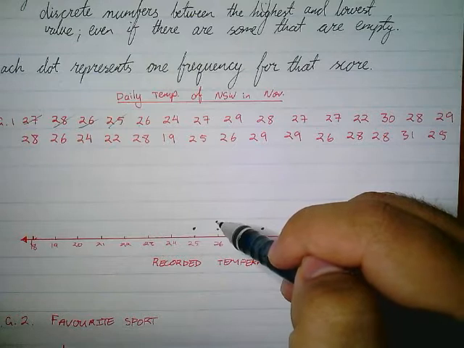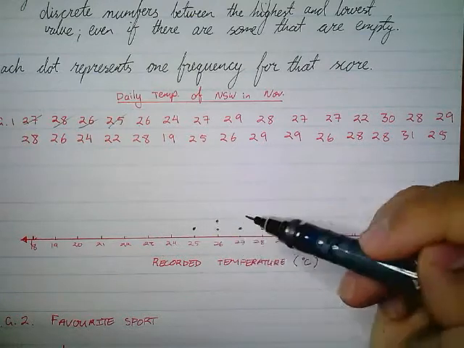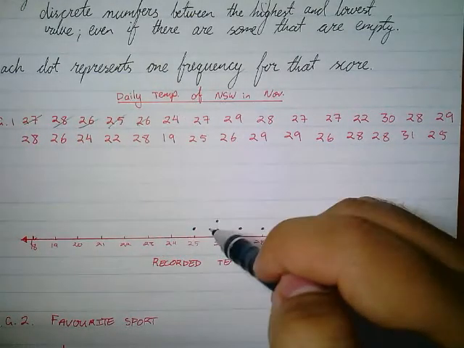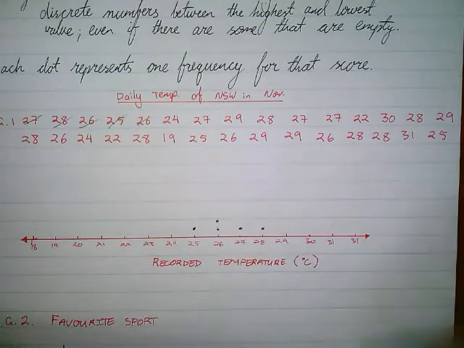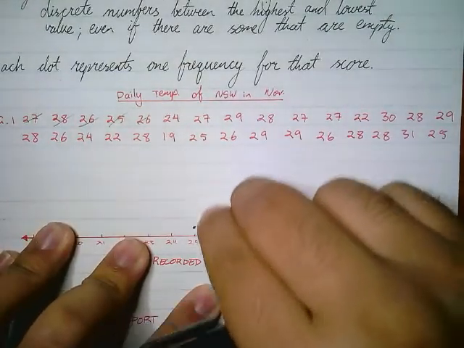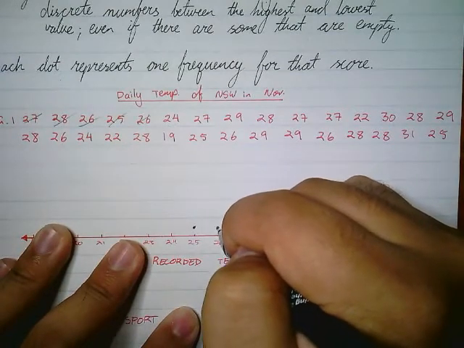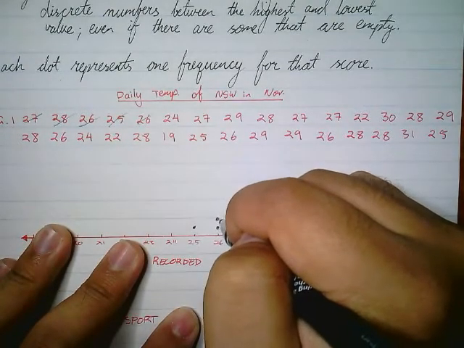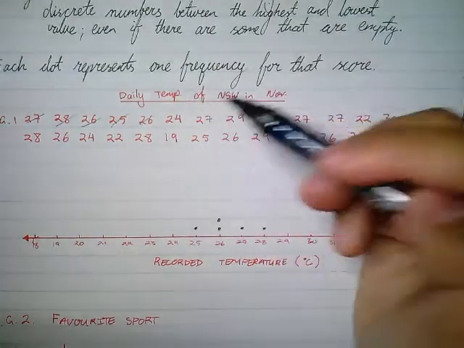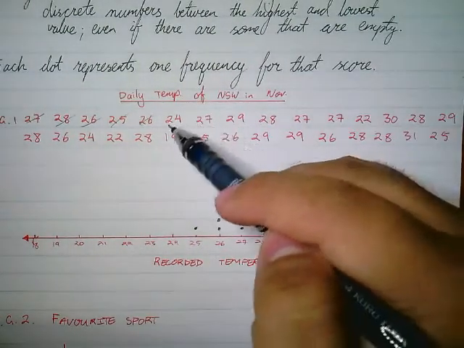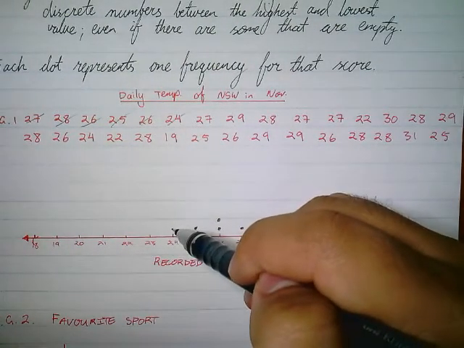Make sure it's far enough so we can see. I've seen students do it so close that we can't tell apart where's one and where's the other. So you have to make it far enough that you can see that it is indeed two different data points. 24. I'm just going to continue just like this.